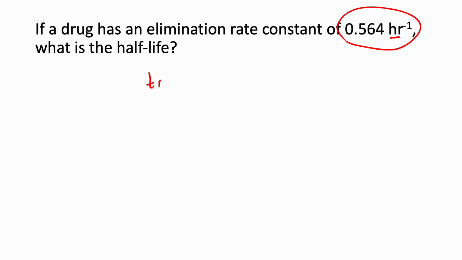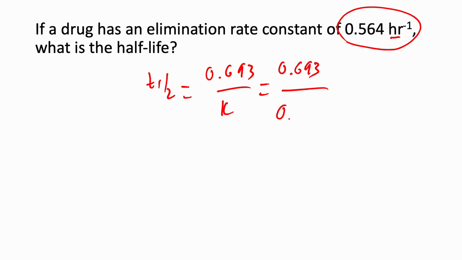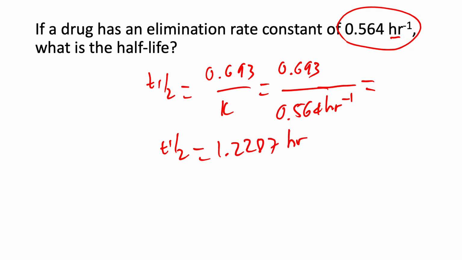So the half-life for first order elimination is equal to 0.693 divided by K, which is 0.693 divided by 0.564 per hour, or the half-life is equal to 1.2287 hours.